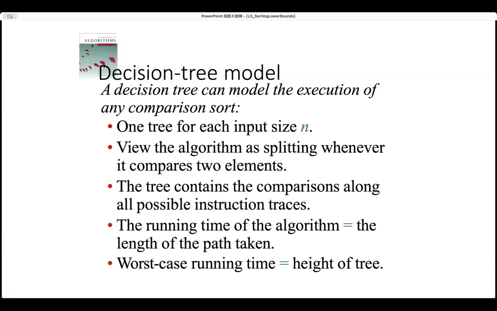I said a decision tree can model the execution of any comparison sort. Of course, different sorting algorithms have different logic to rearrange numbers, but you could always use a decision tree to represent your sorting algorithm.